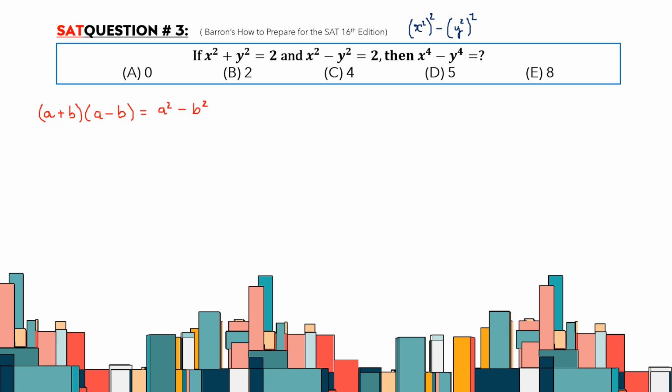And if we have something like x to the power of m all to the power of n, it will be equal to x to the power of m multiplied by n. So here we have x squared all squared is the same thing as x to the power of 4 because 2 times 2 is 4.